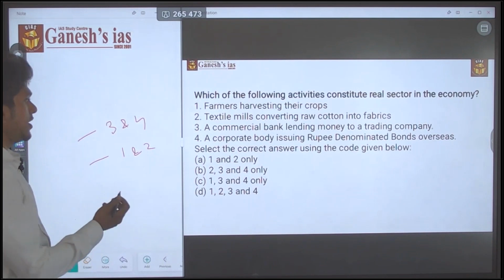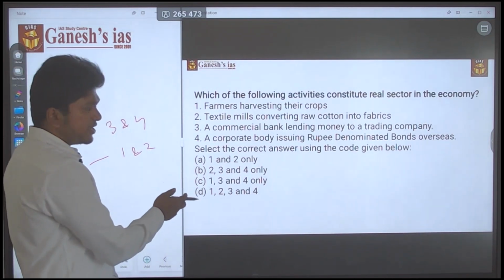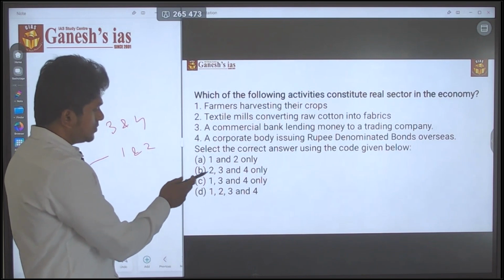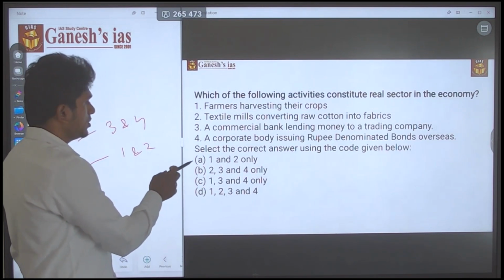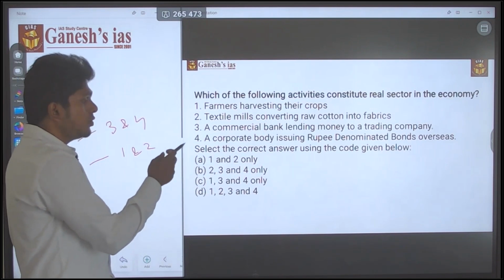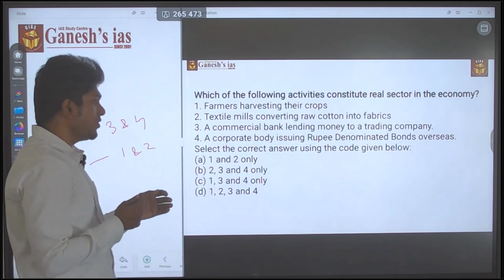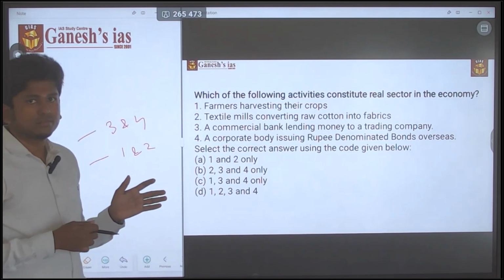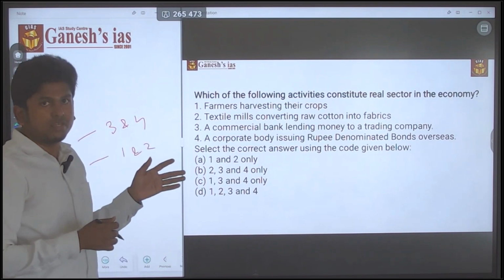Now I have to look at the options, whether there is any option with 3 and 4, or whether 3 and 4 comes together with 2 or 1. So 1 and 2 is the only option standing alone, and by that itself you can go for the answer. Without knowing what the real sector is, you can answer this question.